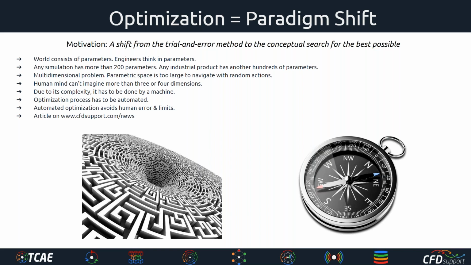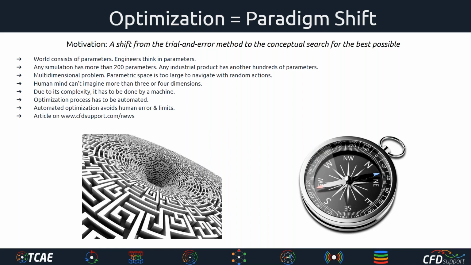So we are talking about infinitely complex parametric spaces that need to be solved, and the point is it has to be a machine. It has to be an algorithm that solves this, because the human mind is absolutely incapable of that.